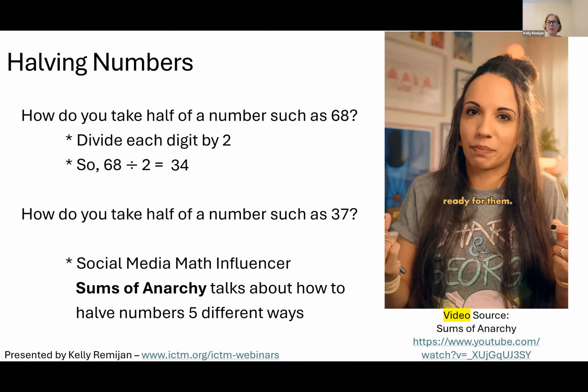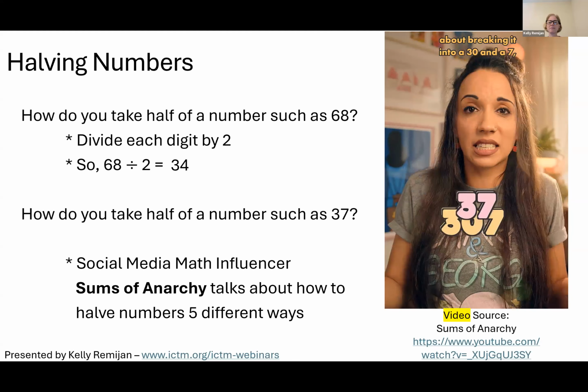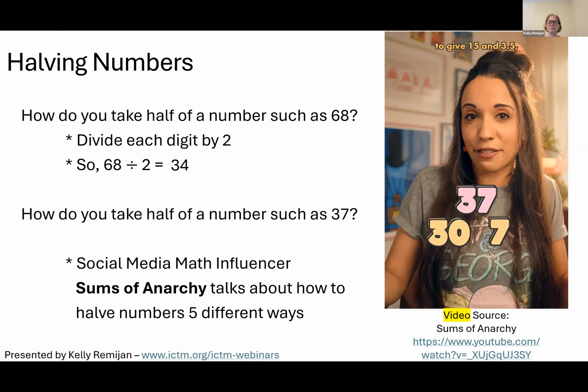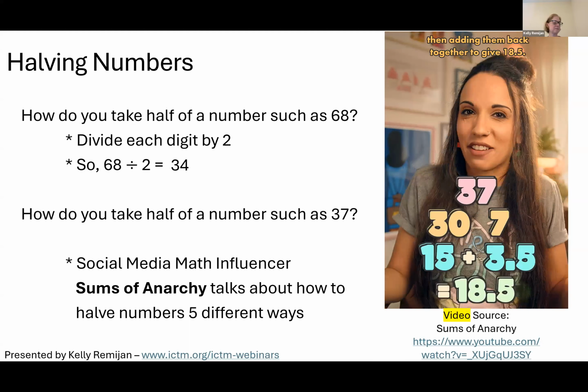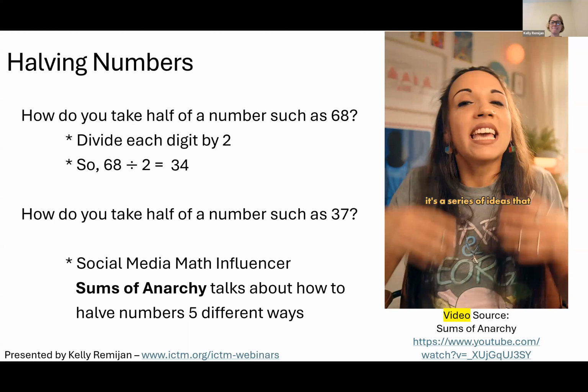Eventually, we may look at 37 and feel good about breaking it into a 30 and a 7, halving those separately to give 15 and 3.5, then adding them back together to give 18.5. Maths isn't a collection of unrelated events. It's a series of ideas that builds upon the last. So if something feels tricky, there's usually a way to break it down into something that's more manageable. If we find the methods that will meet us where we are, we'll ensure that even the odds will be in our favour.